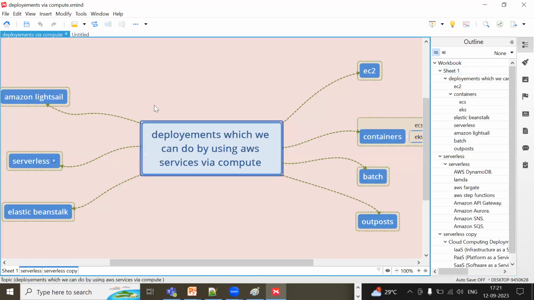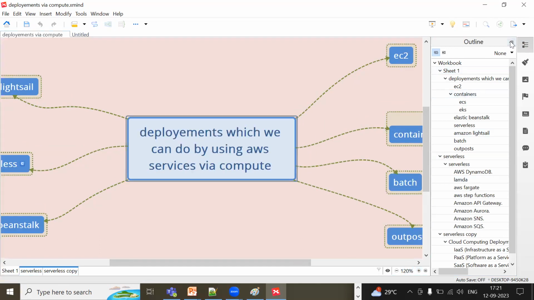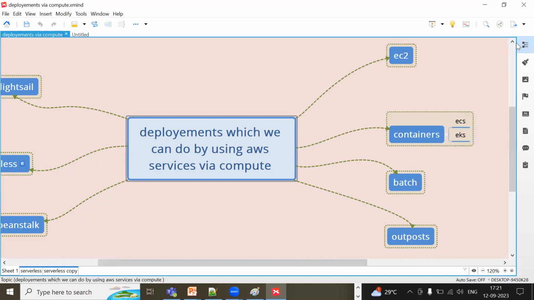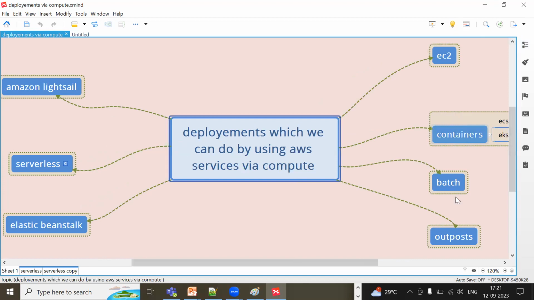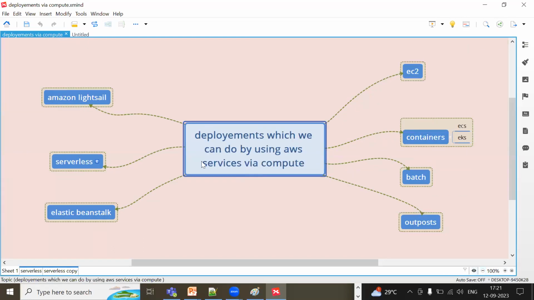So these deployments which we can do by AWS services via compute. Compute is something where you can go ahead and start using. So these were Elastic Beanstalk, serverless, containers.